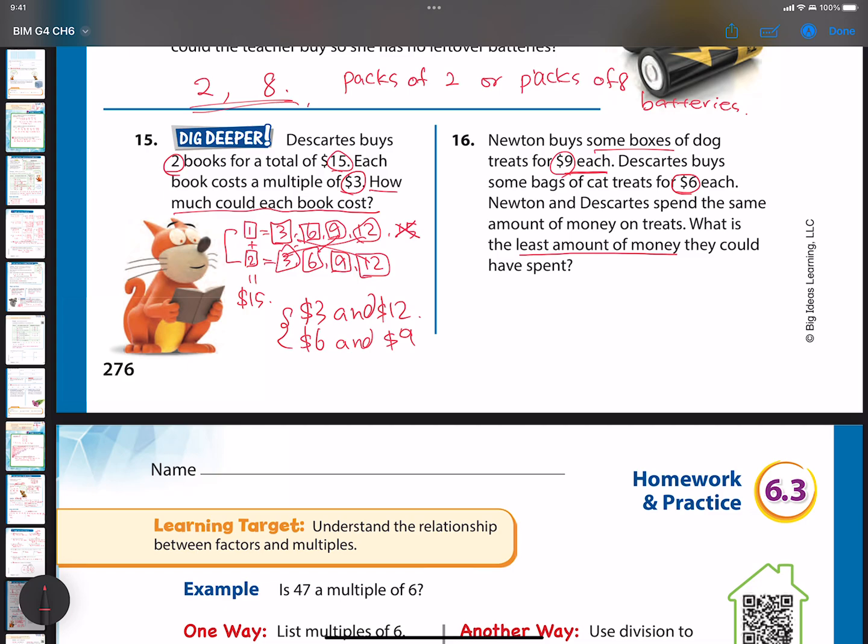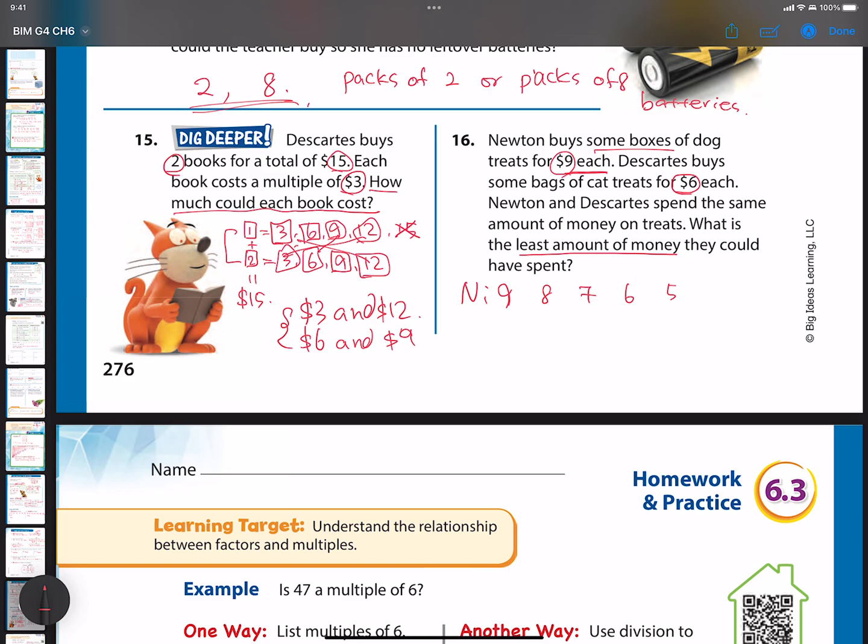But anyway, let's list them. Newton buys what? Multiples of 9. Okay, so we don't know how many boxes, so we have to write down the multiples of 9, which is what? We know this. 9, 18, 27, 36, 45. Okay, let's wait in here to see the least amount of money they could have spent because they spent the same amount.